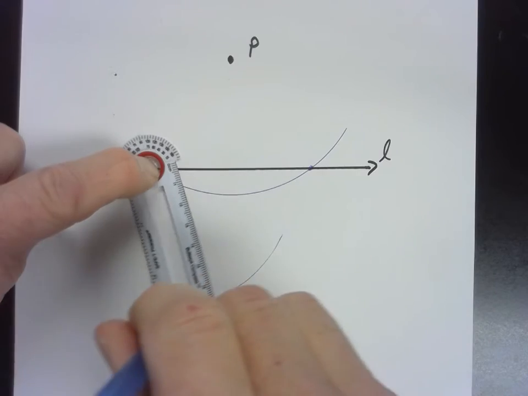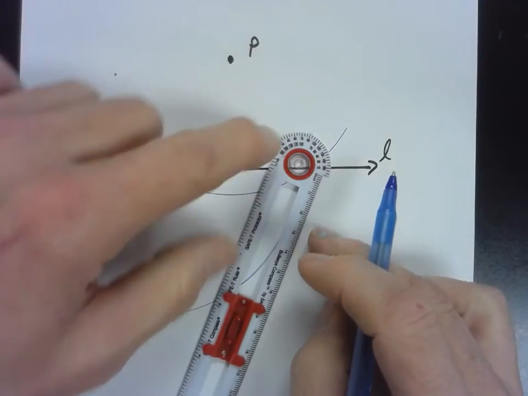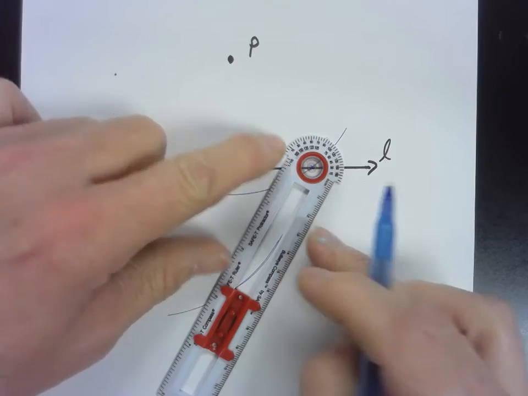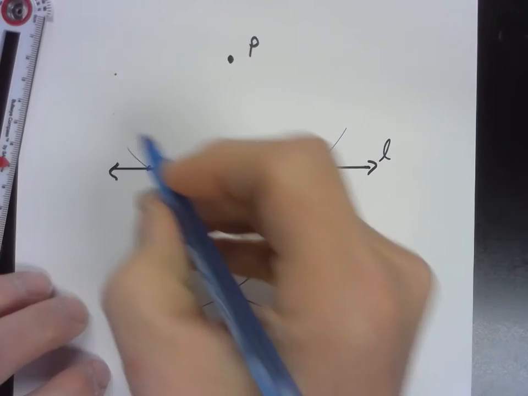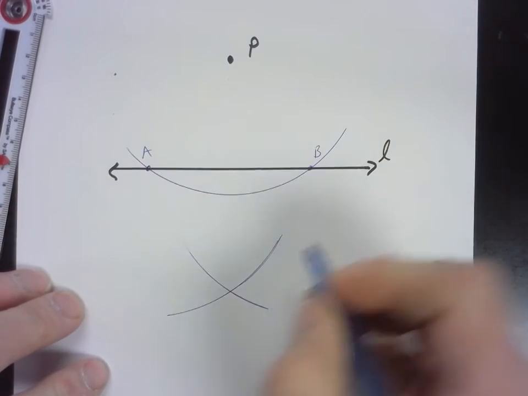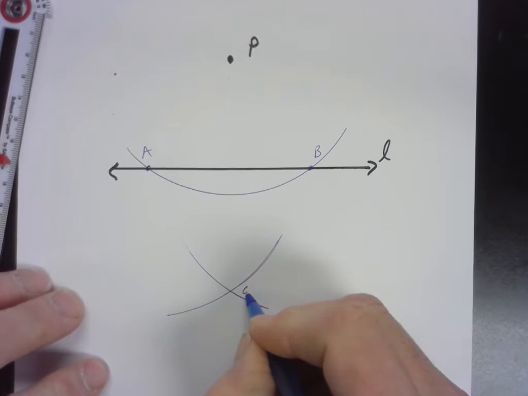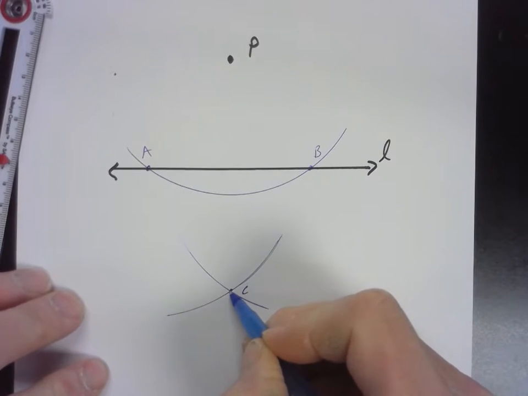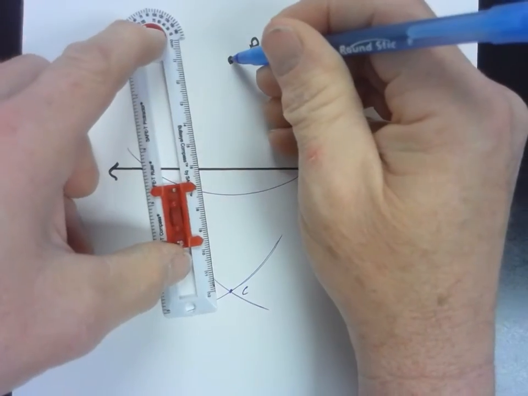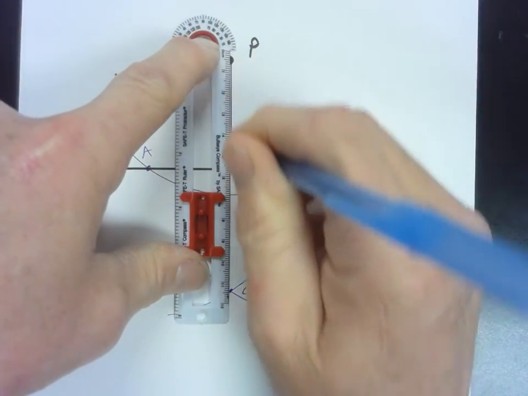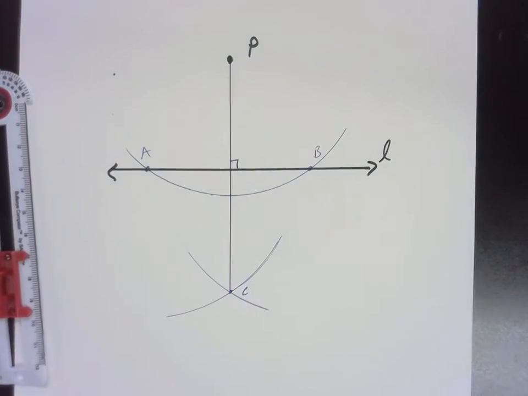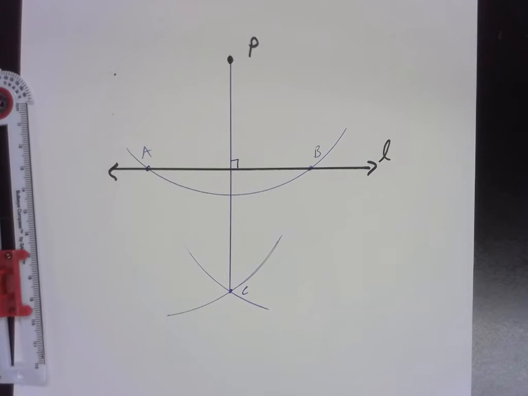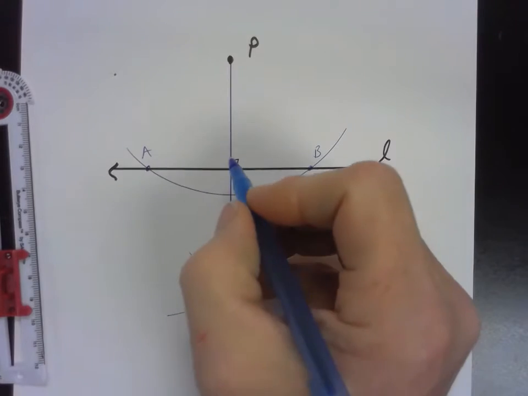I cut an arc, but when I come over to this point, I need to leave my compass adjusted exactly the same, and I need to make that same arc. So if this were point A and point B, A and B are the same distance from point C. Those are equidistant. And then if I draw this segment, it's perpendicular. This is also the midpoint of AB, isn't it?